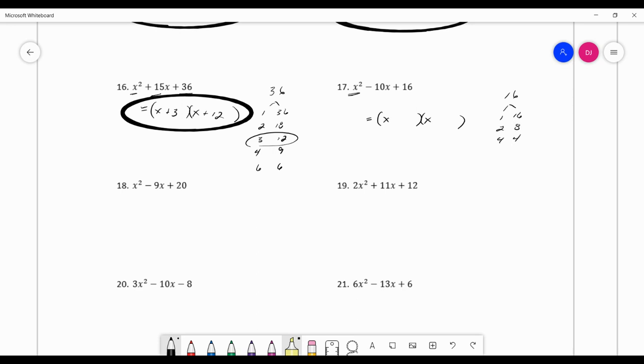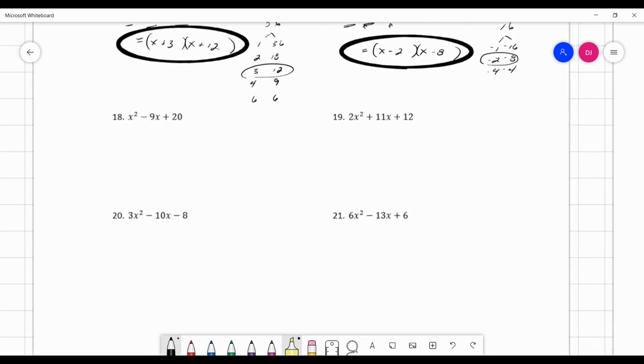Now, we want the product of the two numbers to be a positive 16, but the sum of the two numbers is negative. So each of those numbers would be negative, because negative 1 times negative 16 is a positive 16, and negative 2 times negative 8 is a positive 16. Which combination will add up to negative 10? That would be the negative 2 and the negative 8. And there's the factorization. I can keep doing this all day.